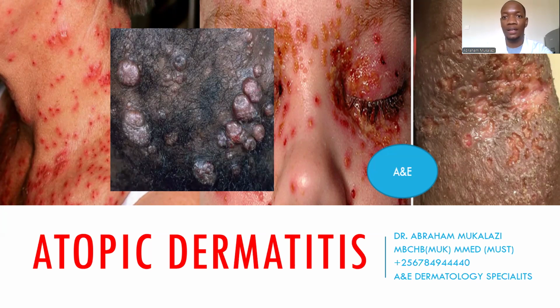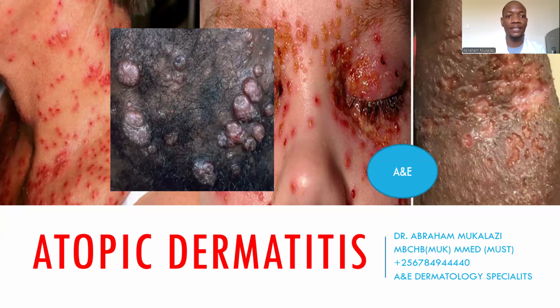So starting with the pictures that we can see here, they show you that atopic dermatitis can complicate into other things if not well managed. As you can see in the first picture here, you can have a condition we call eczema herpeticum. In that case, someone gets disseminated viral infection from HSV because they are atopic.